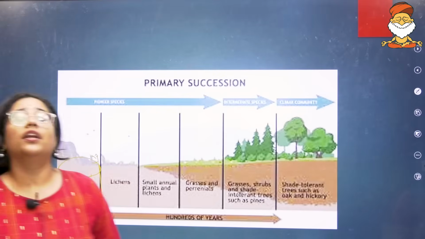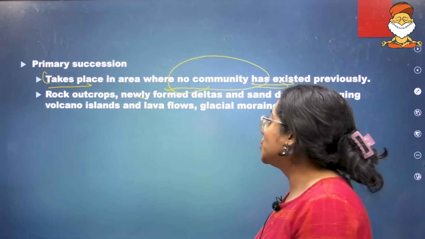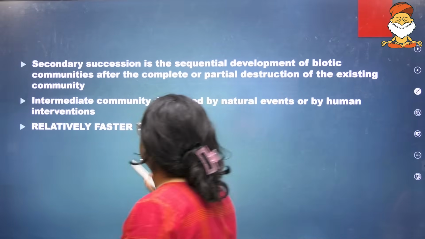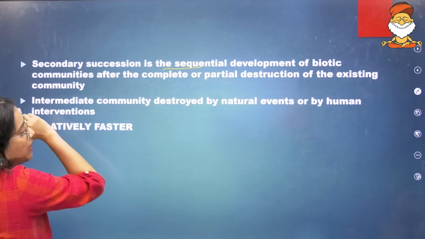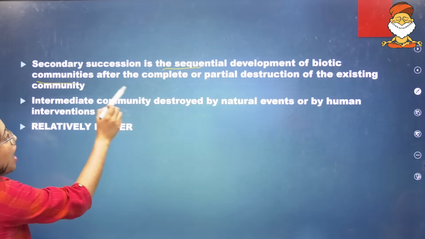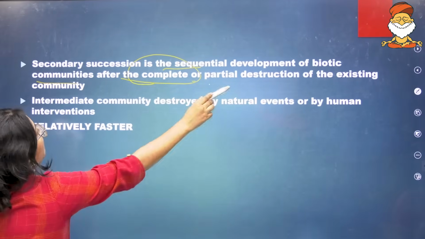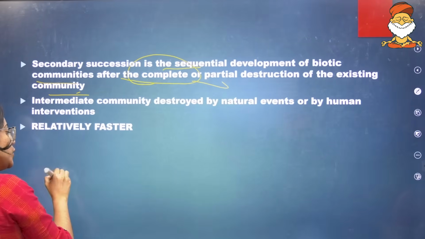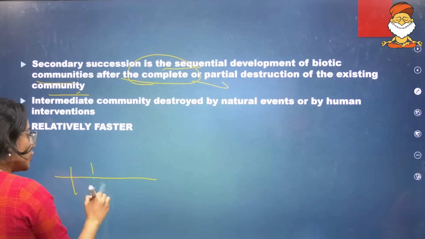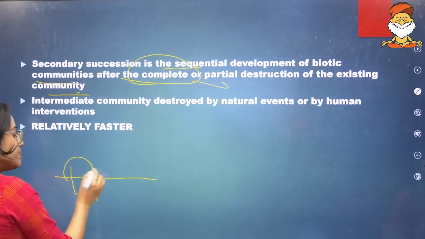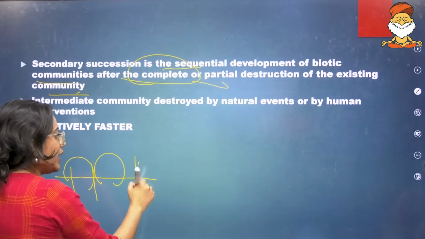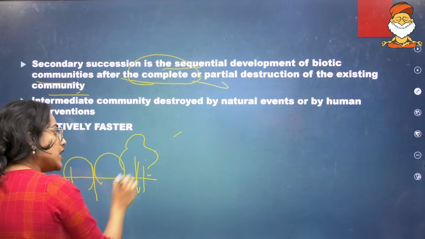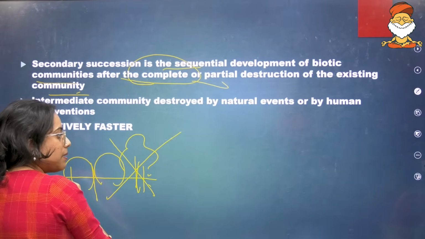Now, moving forward, secondary succession is the sequential development of biotic communities after the complete or partial destruction of the existing community. Which means you had something growing, one community replaced by another, and finally at one stage this gets destroyed in some manner.